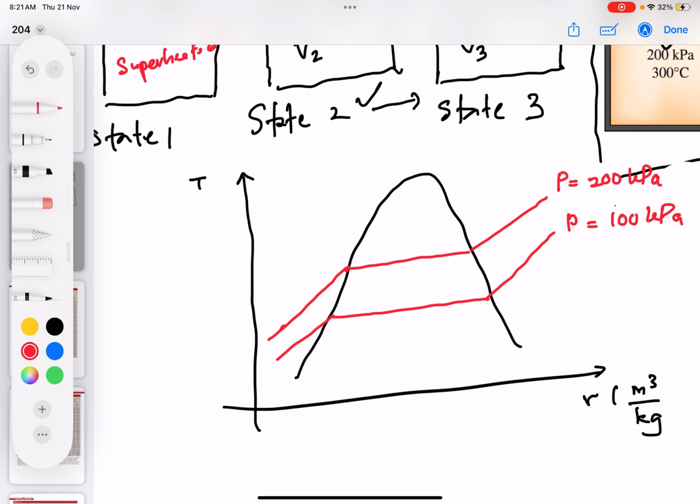If you're still struggling with how I get this trend, for example, for the constant pressure P equals 200 kilopascal, you can refer back to the video titled 201, because in that one I did explain how I come up with this diagram. This is what we call the saturation line.